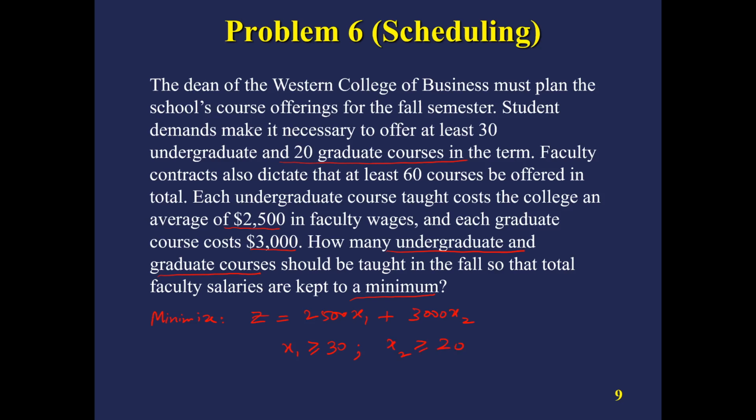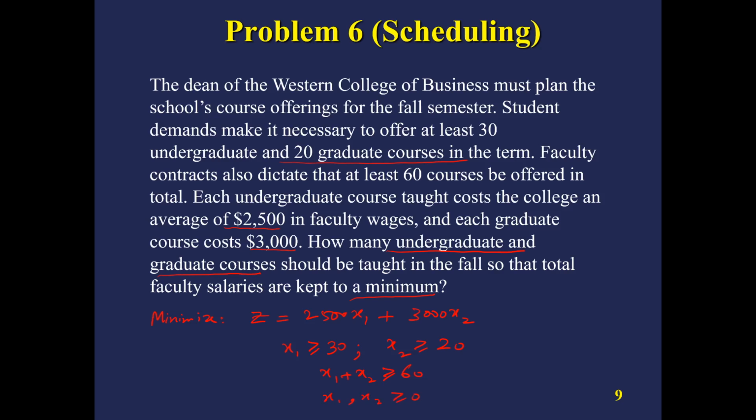Faculty contracts also dictate that at least 60 courses be offered in total. So x1 plus x2 should be greater or equal to 60. That's it. We don't have any other constraint, so we can say x1 and x2 both are greater or equal to 0.